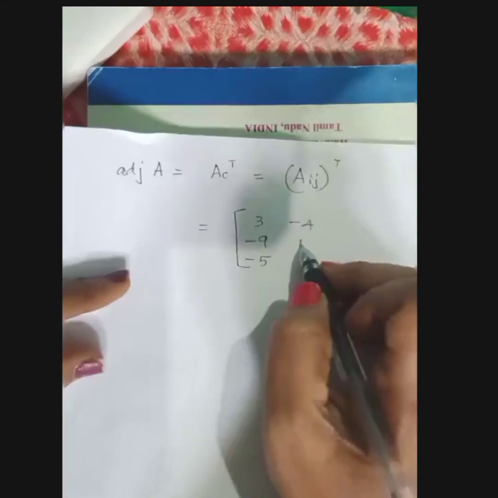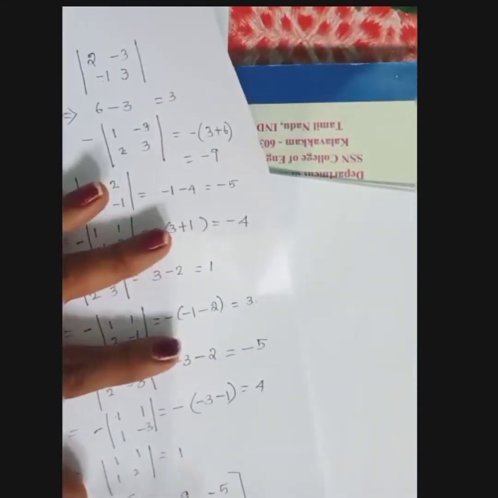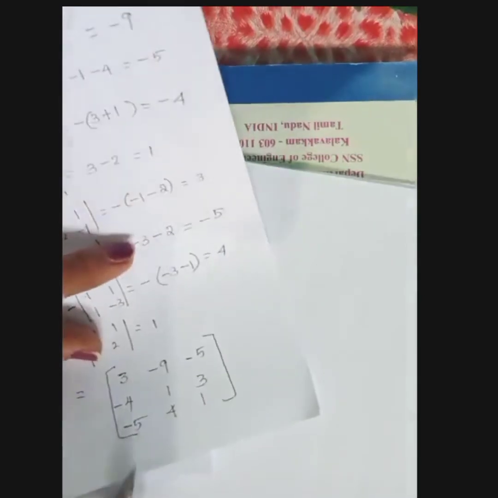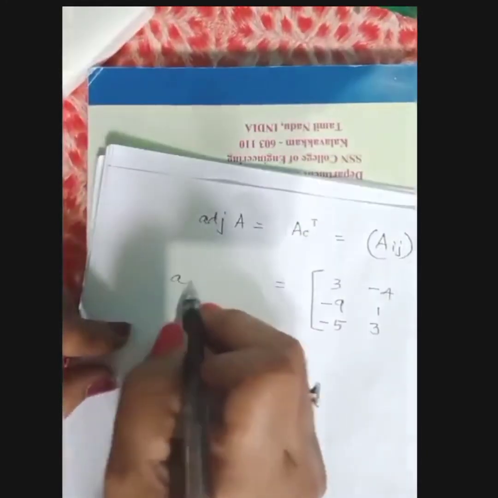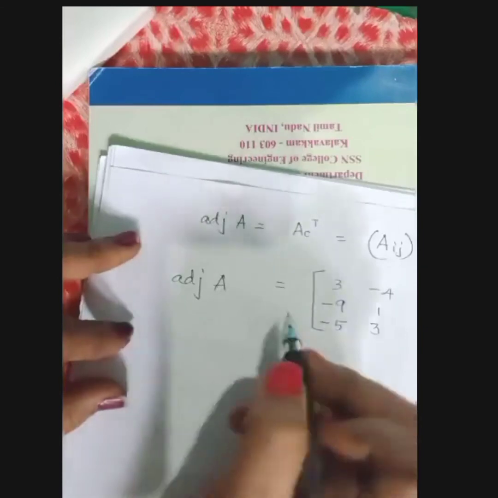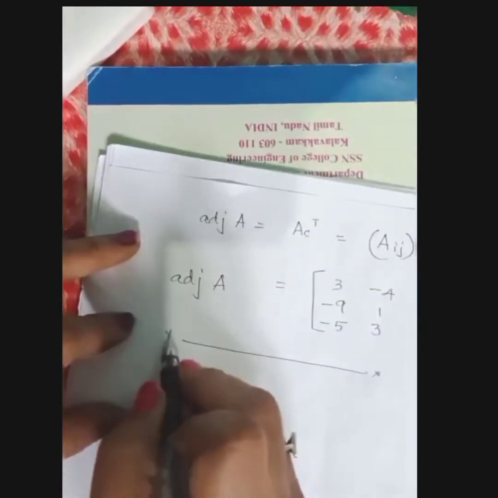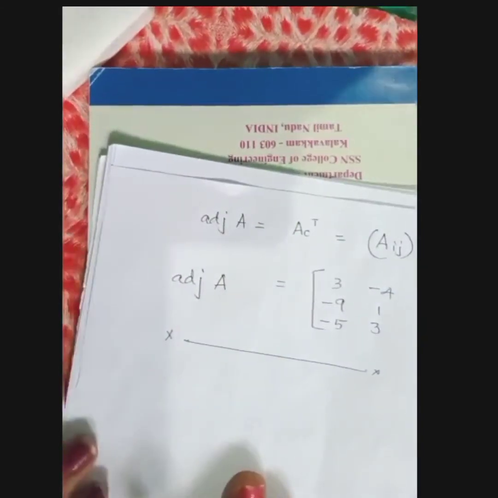Then minus 9, 1, 4. Then minus 5, 3, 1. This is your adjoint of the given matrix. Thank you.